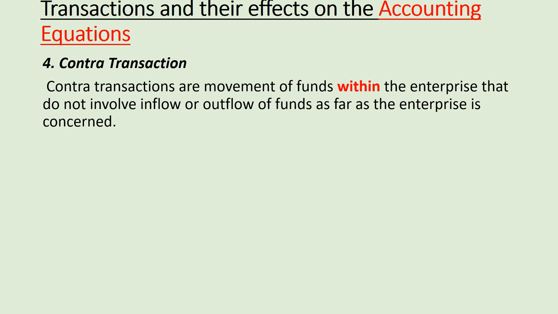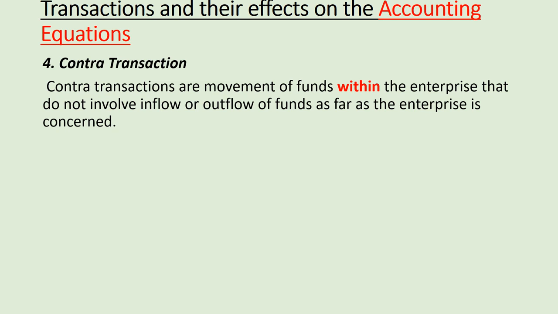It can be if the business withdraws money from the bank. The bank account will have to give the cash account the money. So it has to be recorded that a particular asset has moved from the bank account to the cash account. So those are contra transactions.